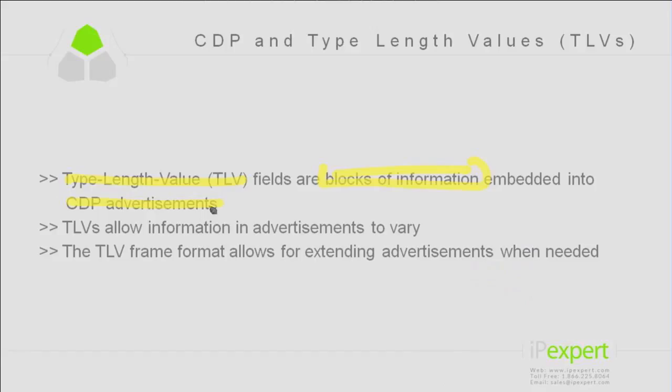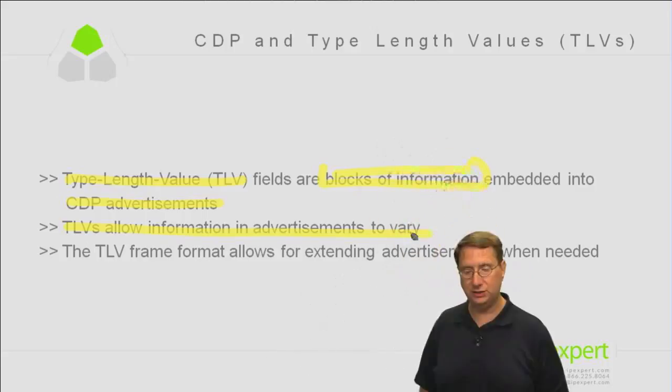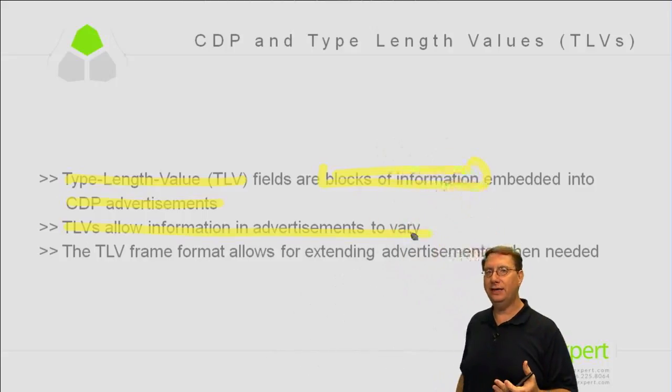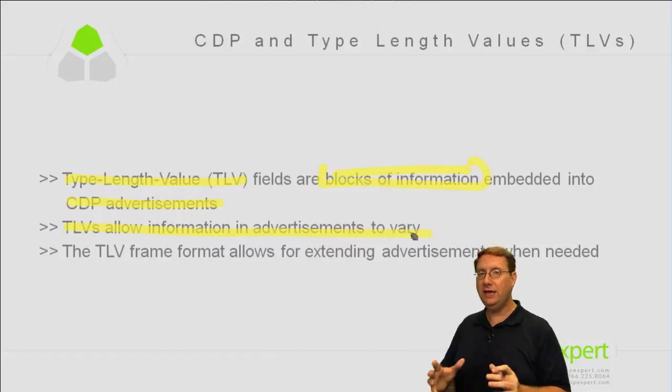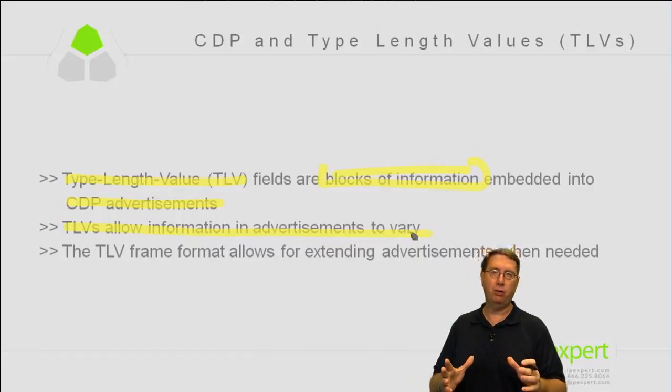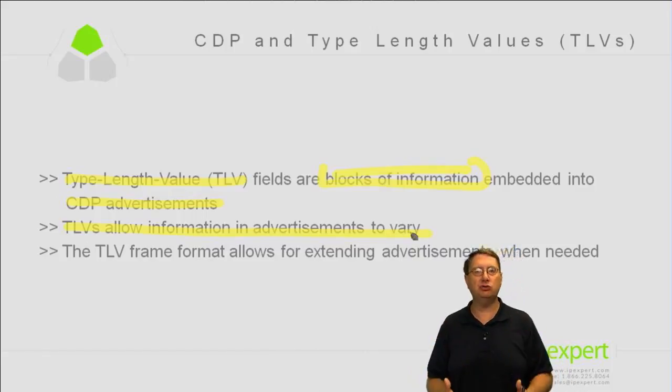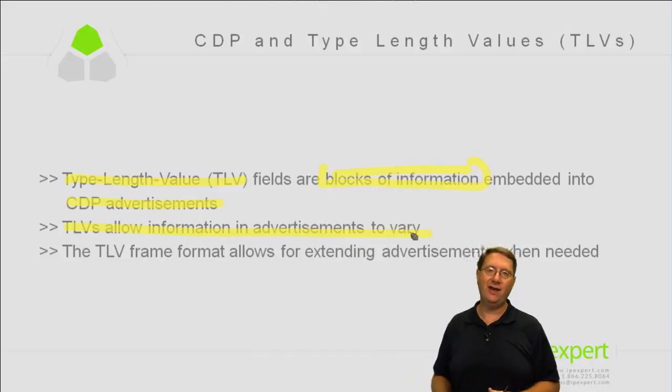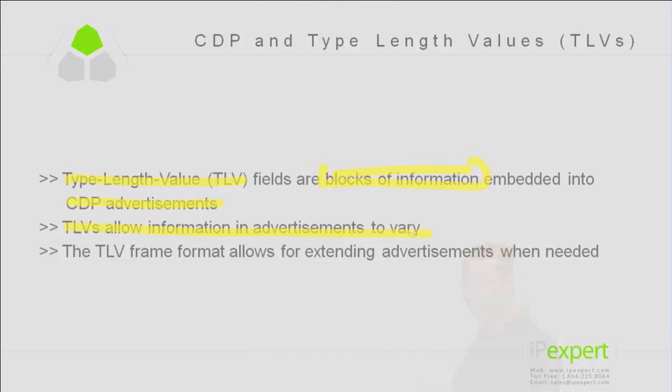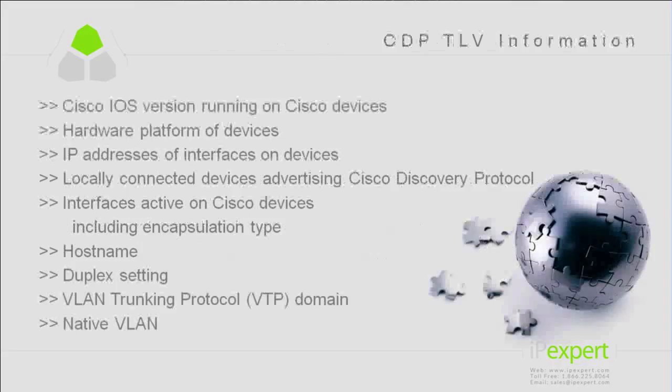So recognizing what's going on here, these TLVs allow us to vary the payload in our messages. And again, it's enabling us simply through this concept of TLV to enhance the protocol for future use. It is extremely extensible because we're using these TLVs in order to control the nature of our payload.